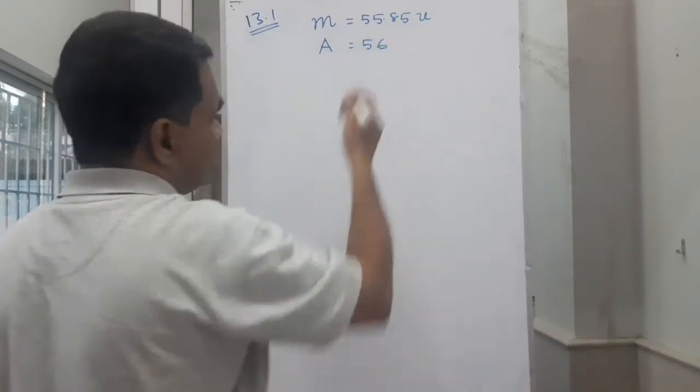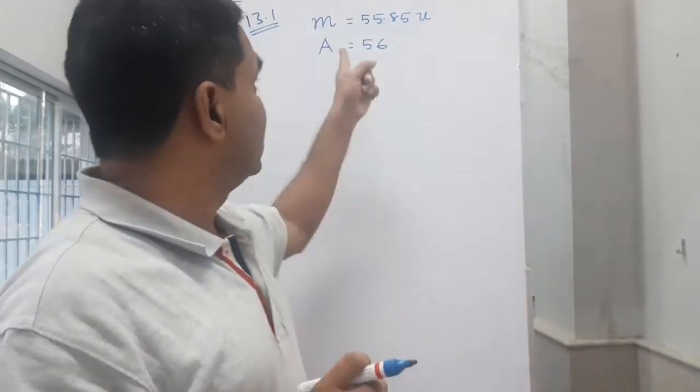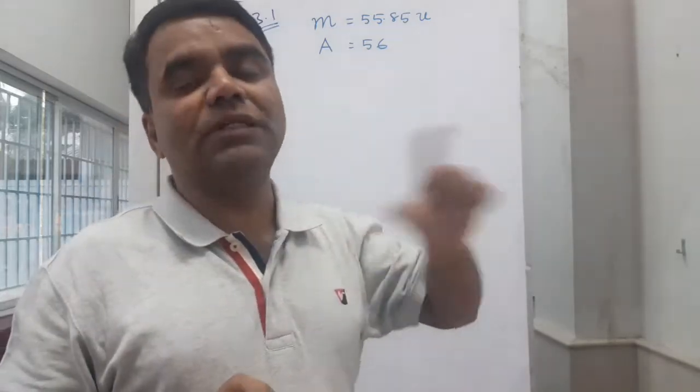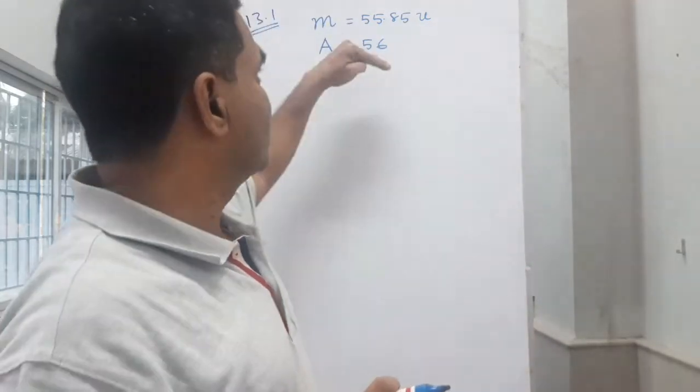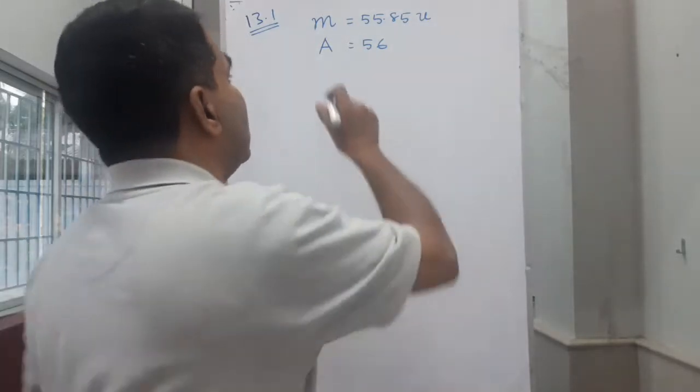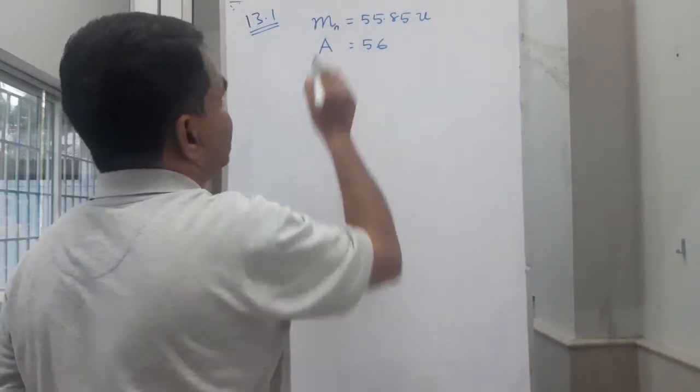This makes sense because you need to have an integer number of protons and neutrons. You cannot have a fraction of protons and neutrons. So here, when you say 56, it is 26 protons and 30 neutrons. So that makes 56. We call this the mass of the nucleus.